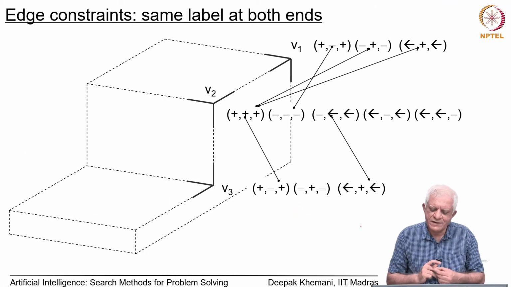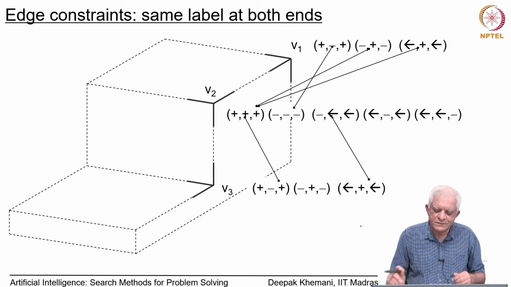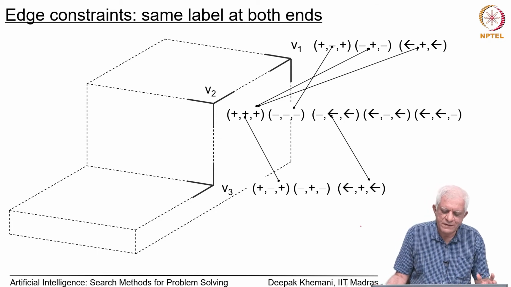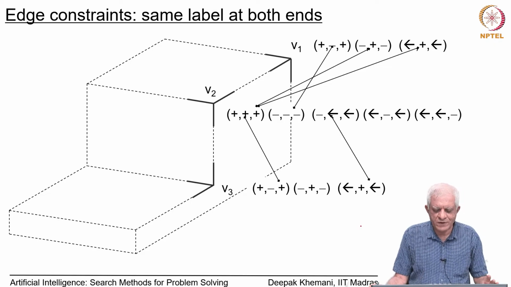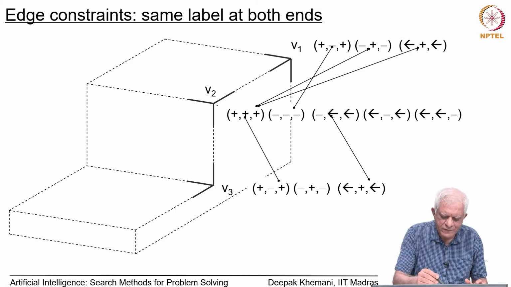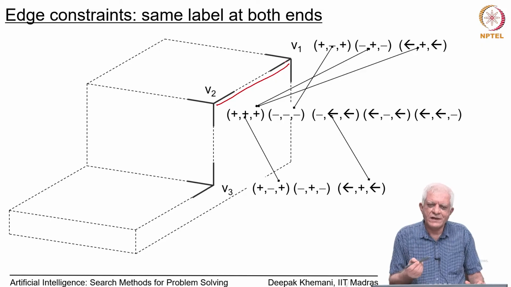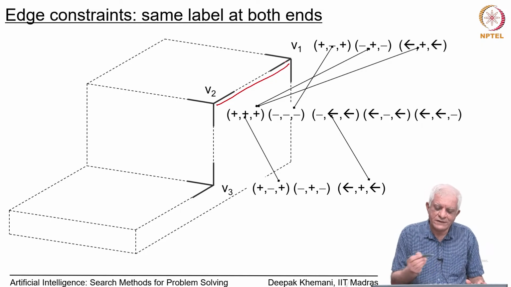As I was saying, the property or the constraint that you want to exploit is that an edge or a line cannot change its nature from one vertex to another. So, if you have an edge connecting these 2 vertices, you can only label it in one way at both the vertices.